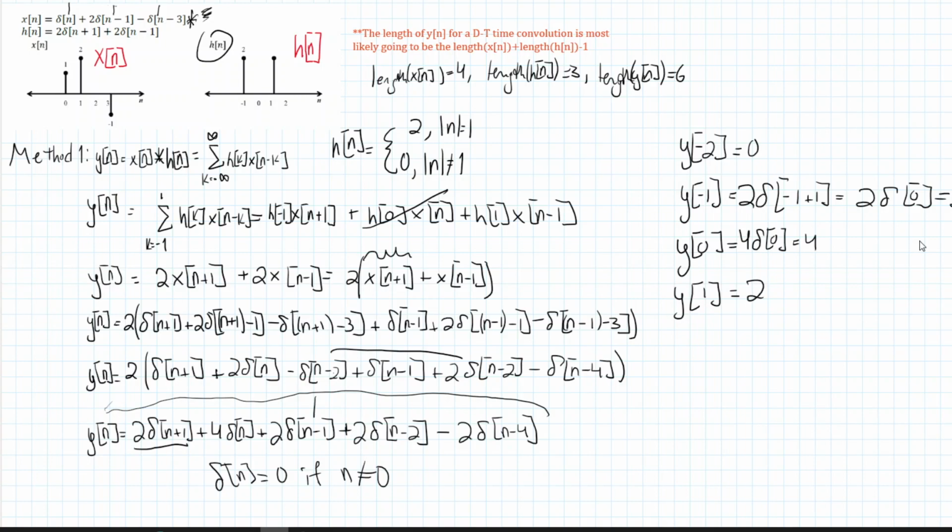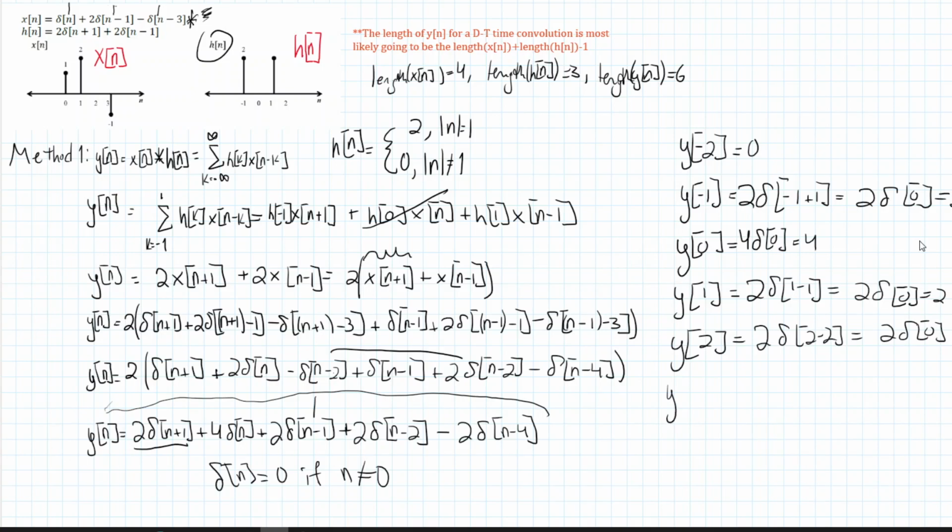So we have 2 delta 1 minus 1 equals 2 delta 0, and that equals 2. Y of 2, 2 delta 2 minus 2, 2 delta 0, and that equals 2.